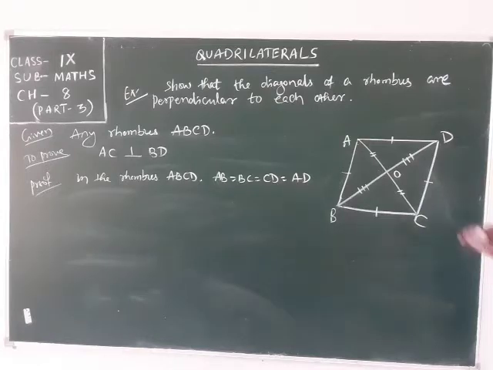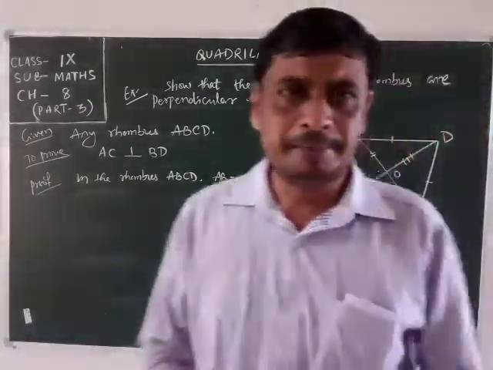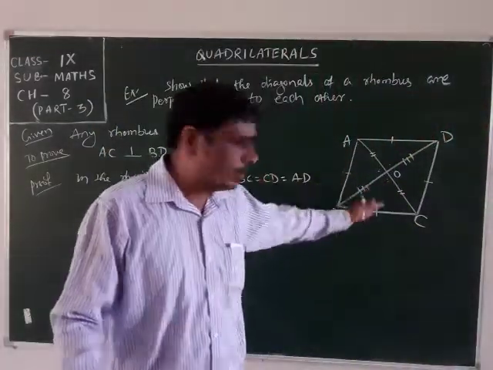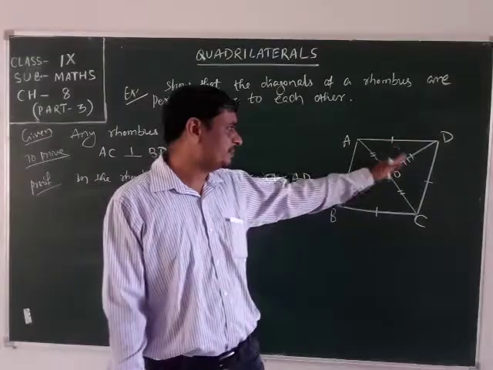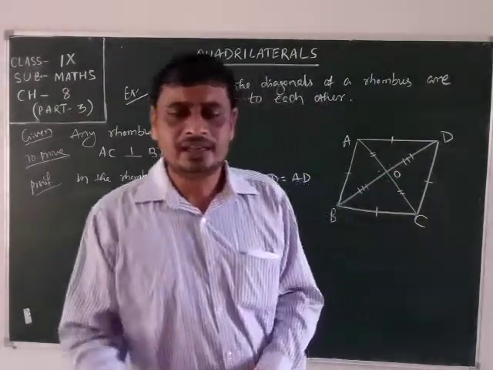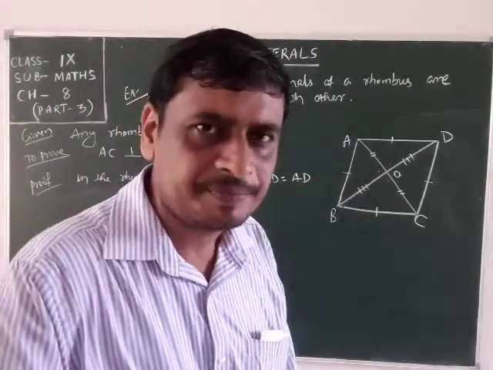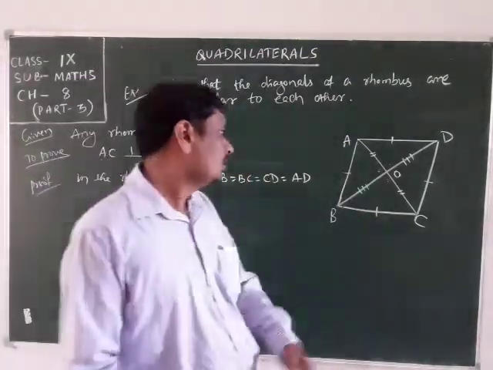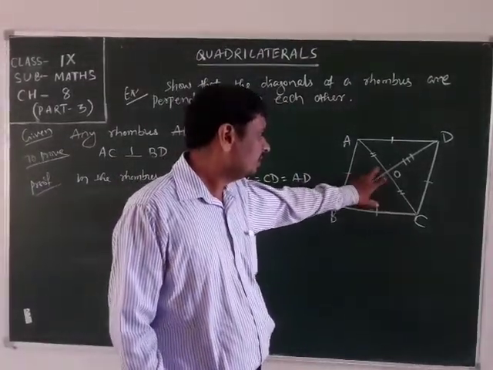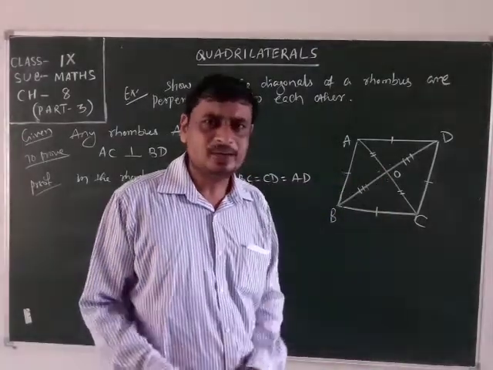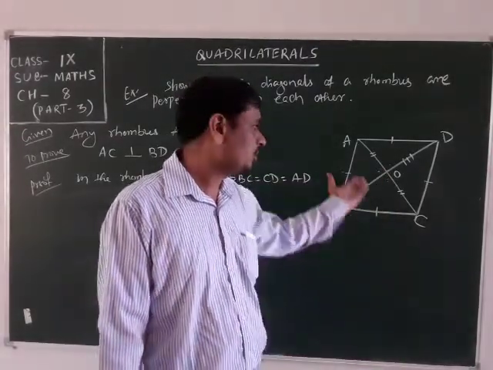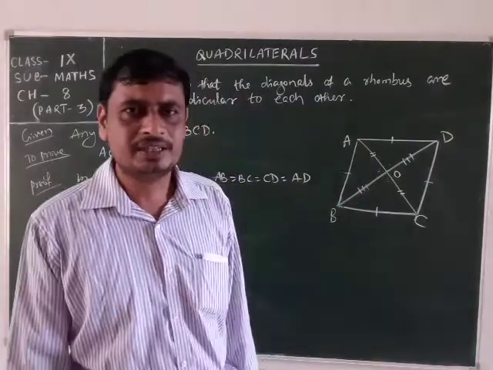So how do we get which angles are 90 degrees? First, we have to take any two adjacent triangles. Here there are 4 triangles. If we make two triangles congruent, then we can conclude that two angles are equal by CPCT.